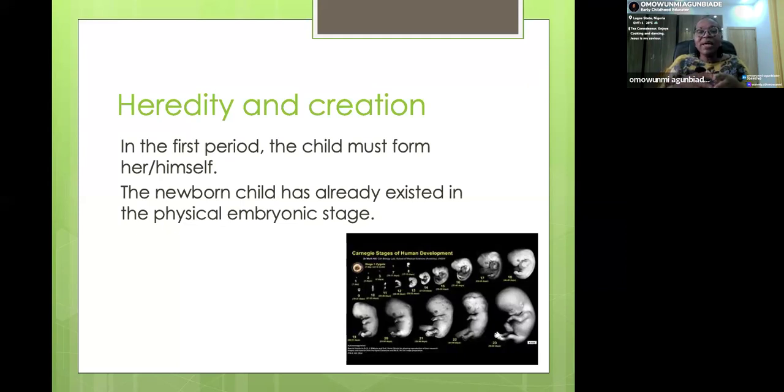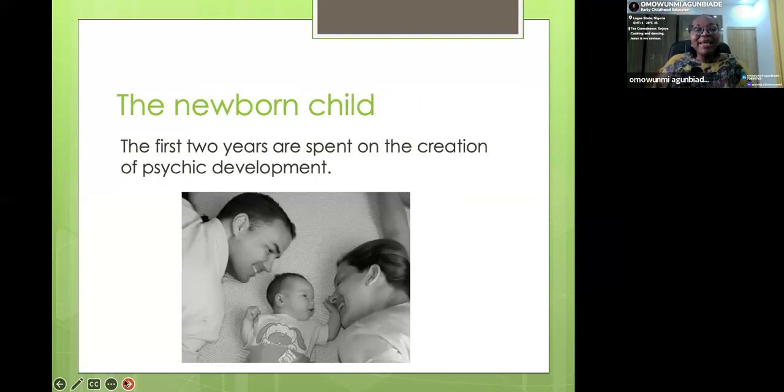The newborn child has already existed in physical embryonic stage. And so, if the physical embryonic stage is taken care of from the womb, we need to be conscious of what we are doing in the next stage.